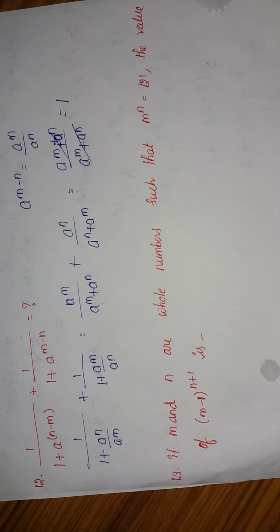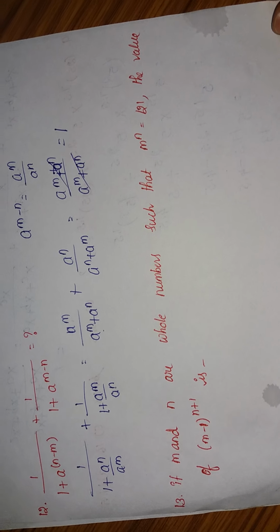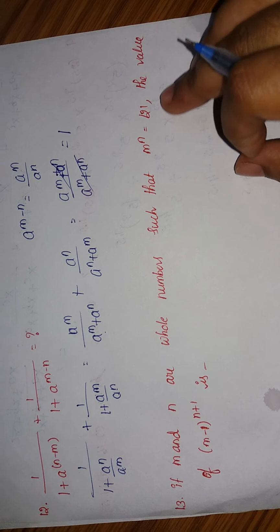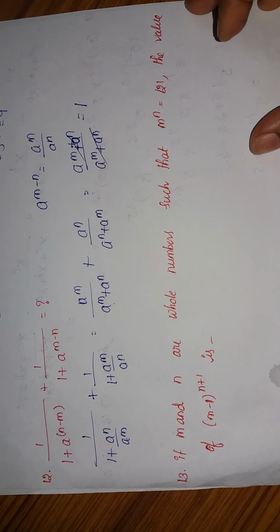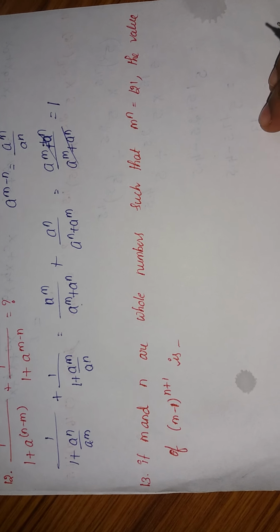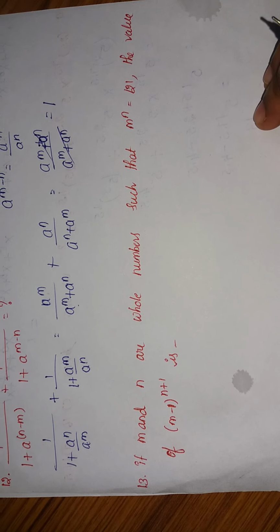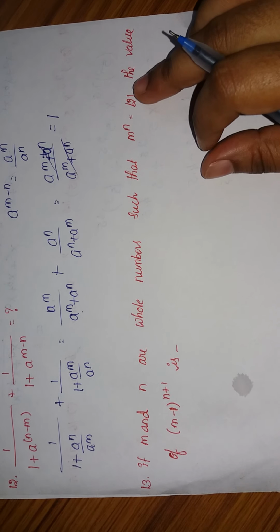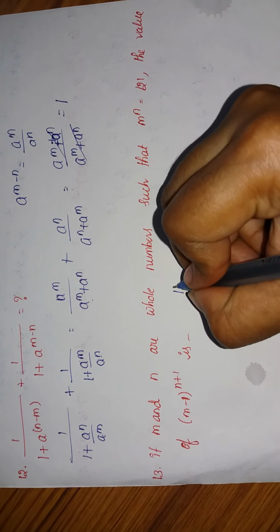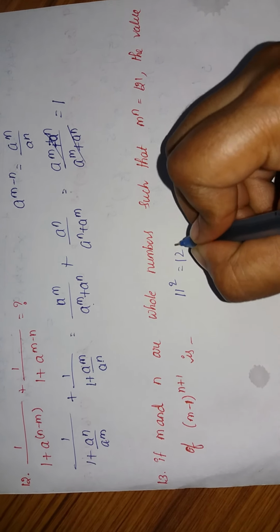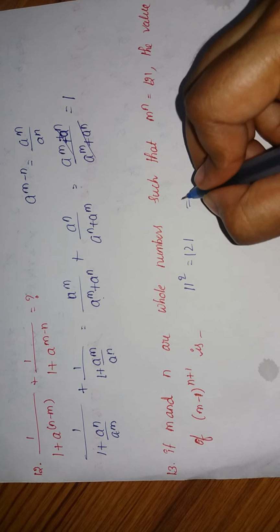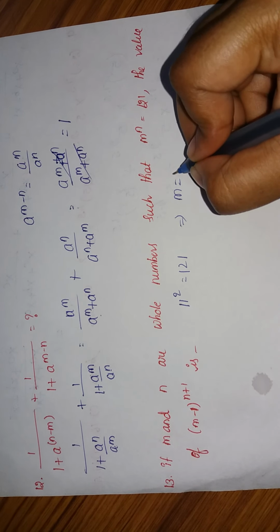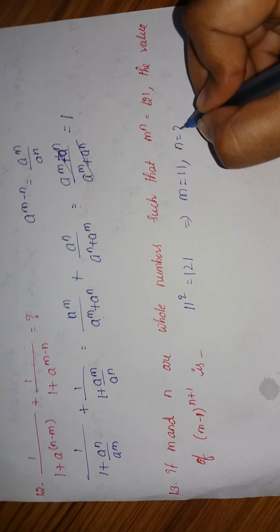If m and n are whole numbers such that m power n is 121, the value of m minus 1 whole power n plus 1 is. We know that 11 square is 121. So let us assume that the m value is 11 and the n value is 2.